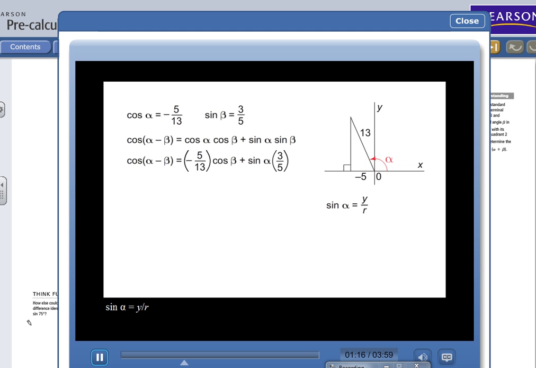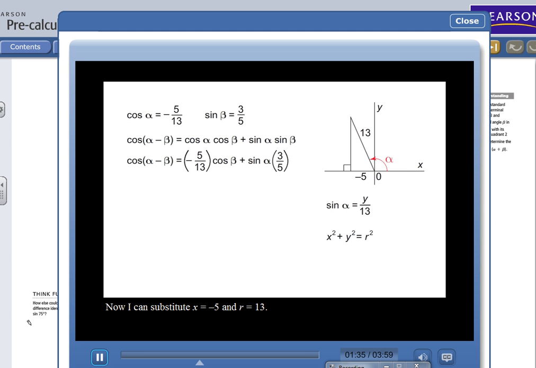Sine alpha equals y over r. I've already said that r is 13, but I need to find y, which is the height of the triangle. I can use the Pythagorean theorem. x squared plus y squared equals r squared.